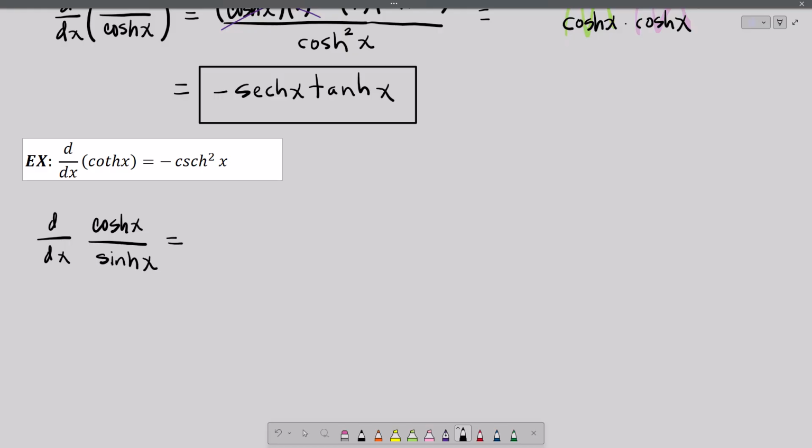I find when doing the quotient rule, it's helpful to draw all the pieces. So I'll go low d high, so low is sinh and d high is also sinh. So low d high minus high d low, cosh and cosh, divided by low squared.